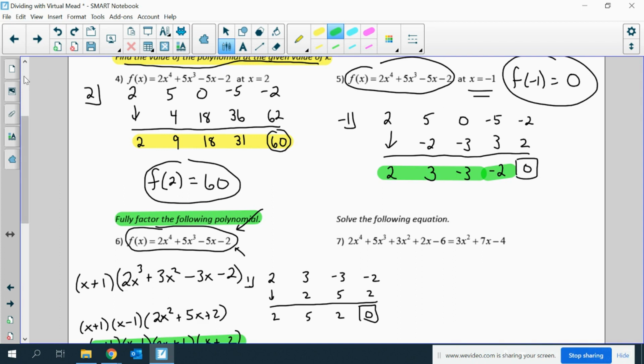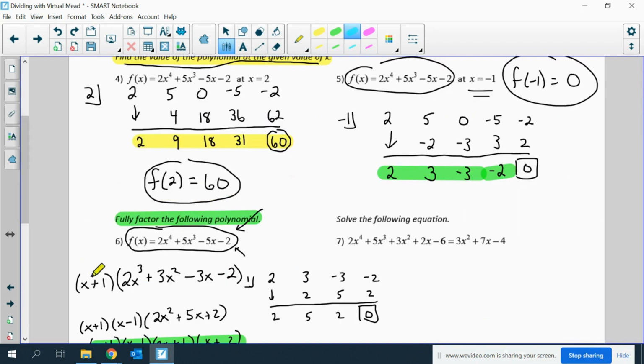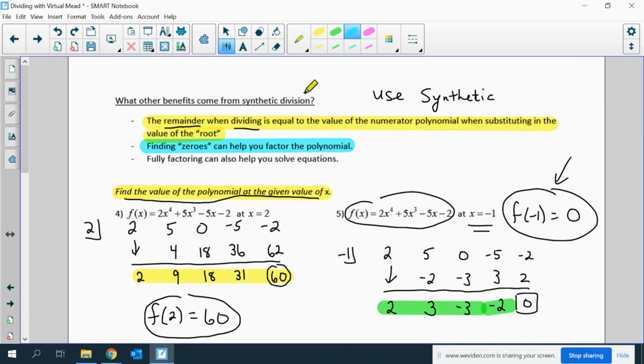Another thing I can do is, so I found zeros that can help me factor the polynomial. So that's what happened here. And then fully factoring can help me solve equations.